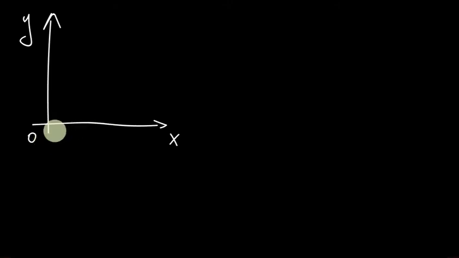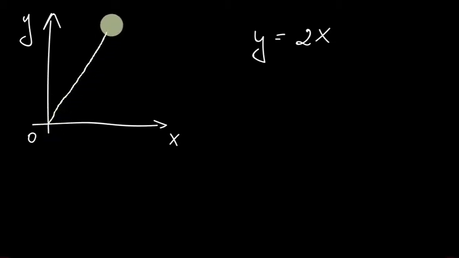Let's say we have a line y is equal to 2x. So, if we have 1, it would be 2 here, and our line goes like this.